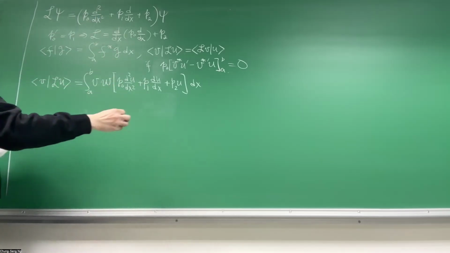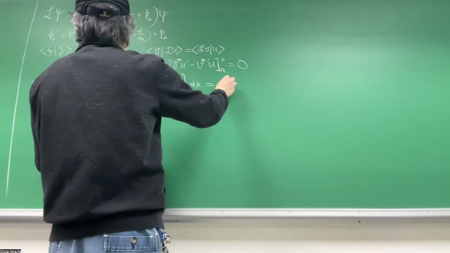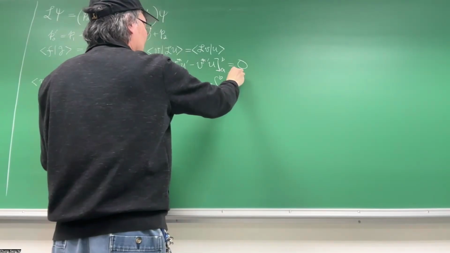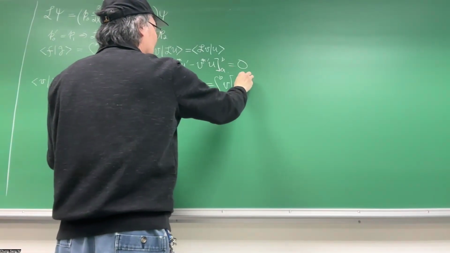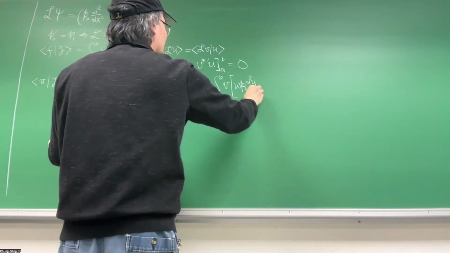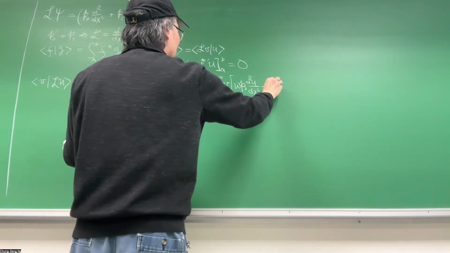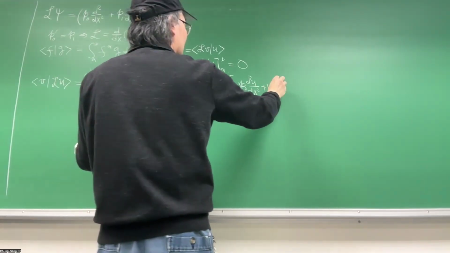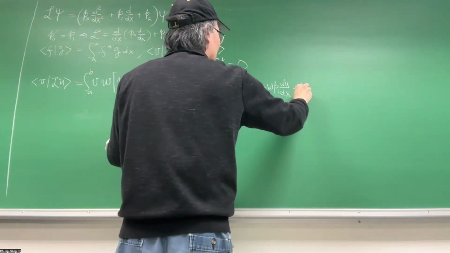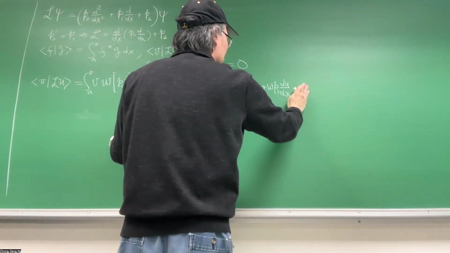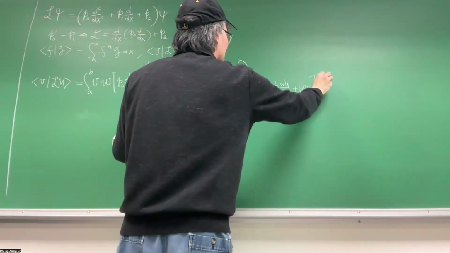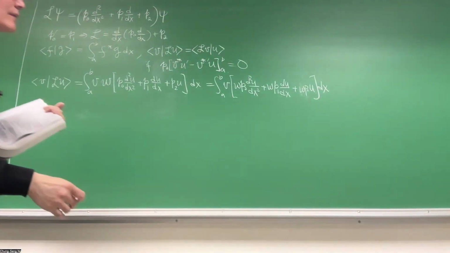Let's continue here, A and B. We absorb the W in the differential operator: W P sub 0 d squared U dx squared plus W P sub 1 dU/dx plus W P sub 2 U. Right.